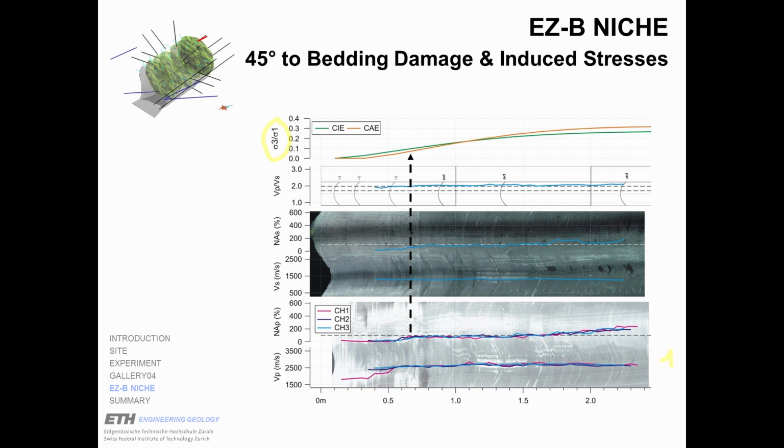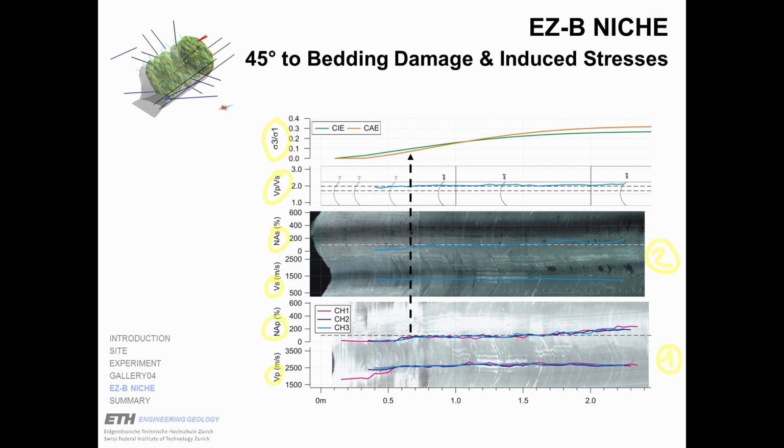This is an optical image which was taken a few days after the excavation of the niche, and this is an optical image which was taken many weeks after the excavation of the niche. And superimposed on these optical images we have p-wave velocities, the amplitude of p-wave velocity, shear wave velocity, the amplitude of shear wave velocity, and the ratio of p and shear wave velocity.